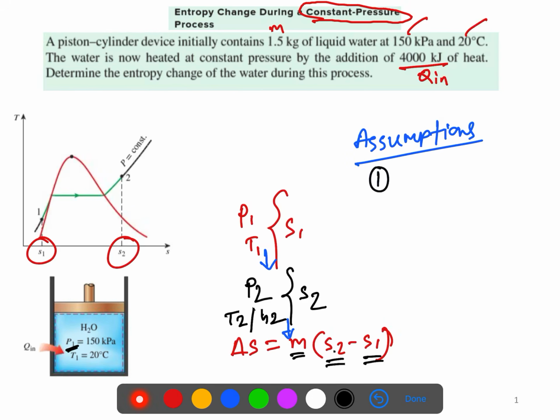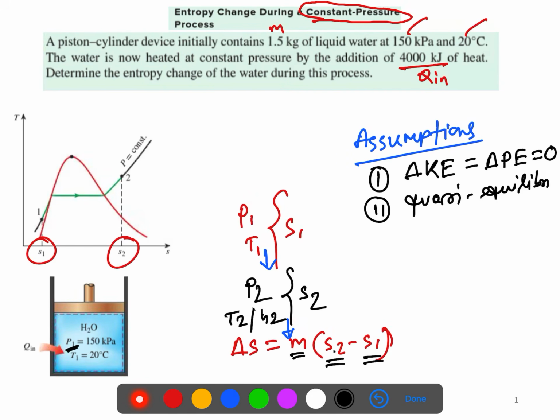So the first assumption is that the change of kinetic energy and the change of potential energy are equal to zero. Second, it is a quasi-equilibrium process, and the pressure is constant. So it is a constant pressure problem.